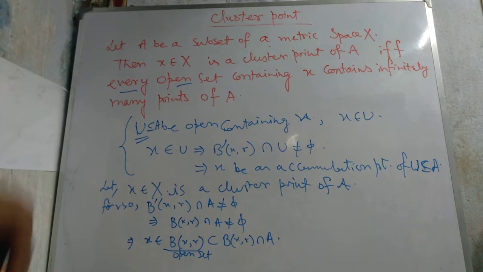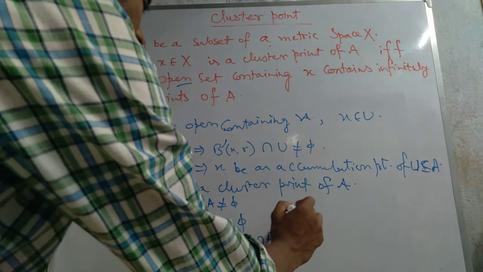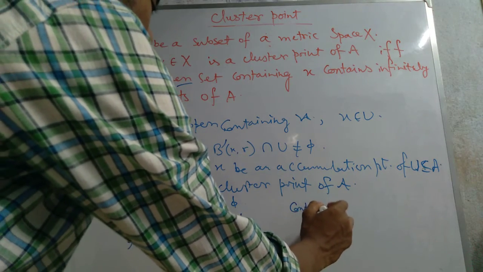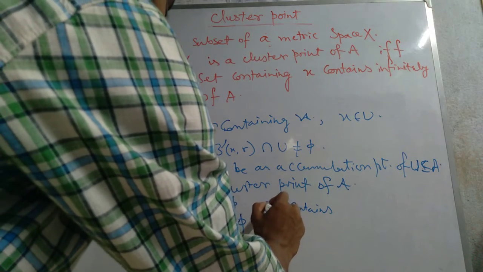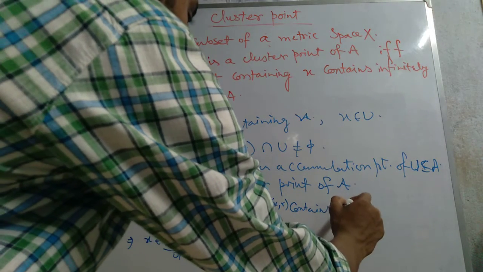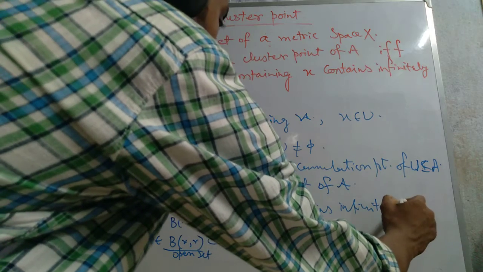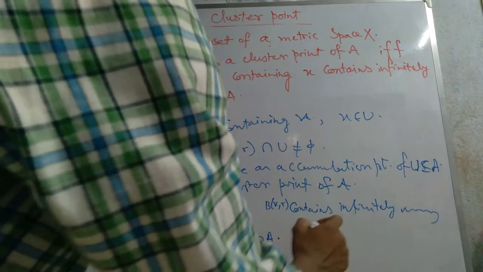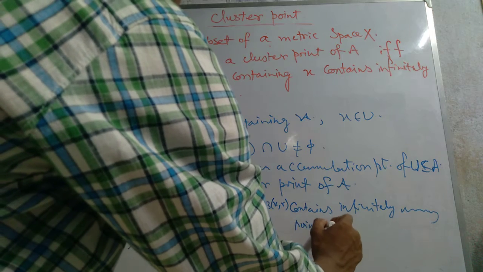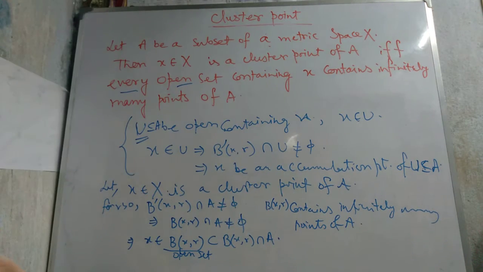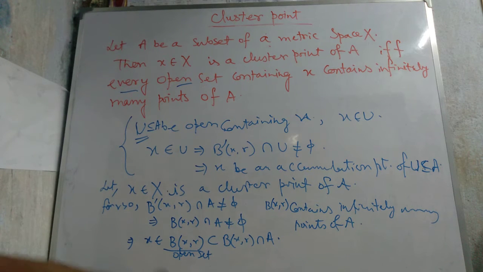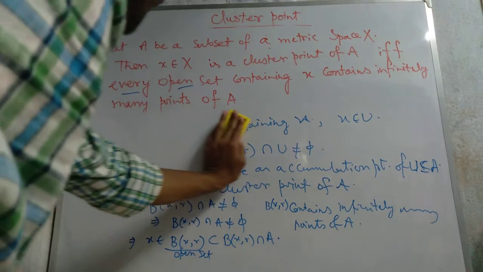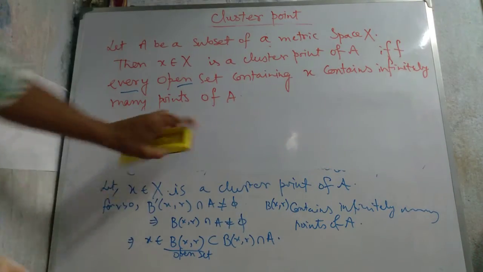Okay, that means this open set, if we suppose it contains finitely many elements, rather than infinitely many elements of A. If we here talk, this open set contains finitely many elements.